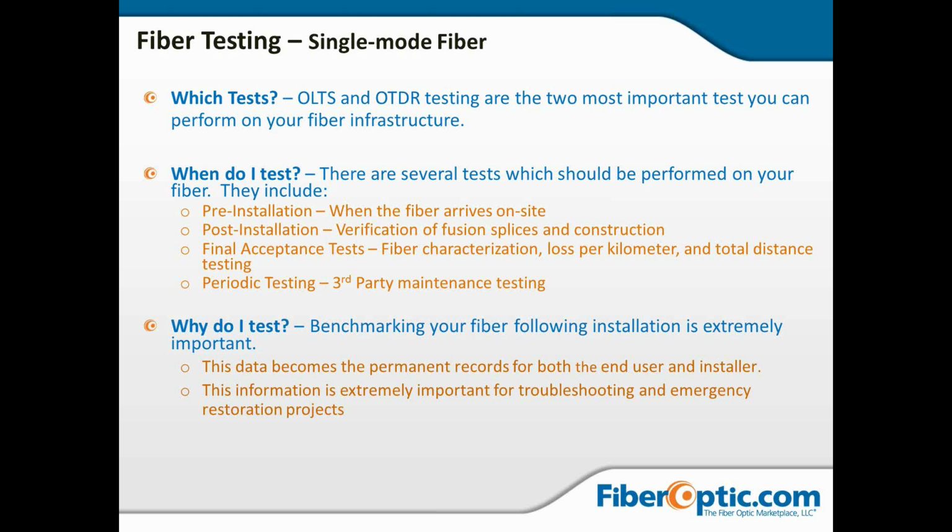So once we get all of that done, then we take our final acceptance tests. This is where we save the traces. We do our loss per kilometer, our total distance testing. Everything is done at this point. Then we might want to do periodic testing just to see if anything has changed out in the field.